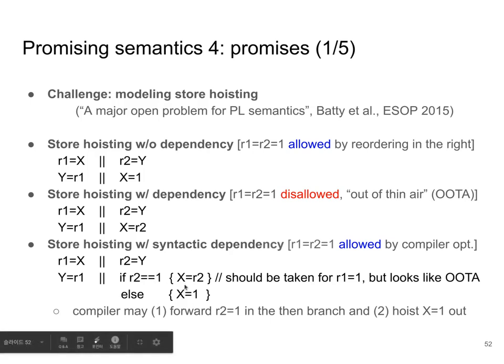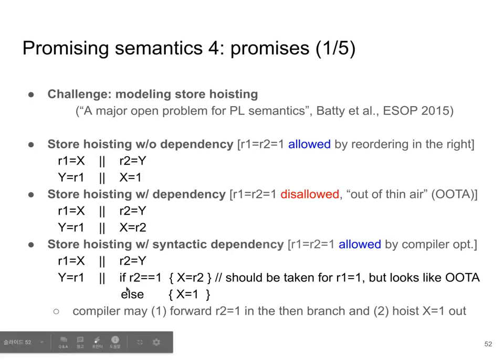Now, the then branch and the else branch have the same instruction. This is replaced with x equals 1, and this has x equals 1. So x equals 1 is executed regardless of whether R2 is 1 or not. What is happening here is that a compiler may hoist this x equals 1 out of this if-then-else statement.